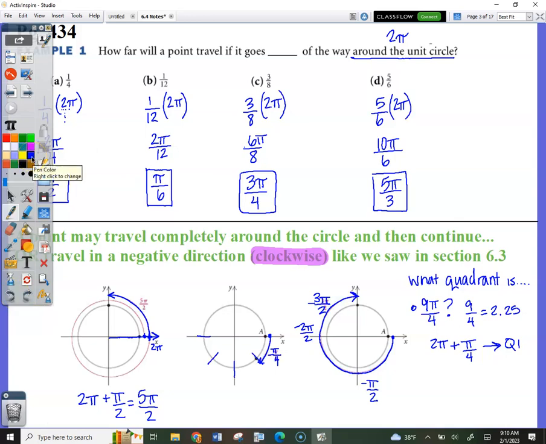Let's mix it up and go in a different direction. Try negative 7 pi over 6. The question is, what quadrant does that land in? Negative 7 pi over 6. So the negative is just telling you to rotate in a different direction than what you're used to.